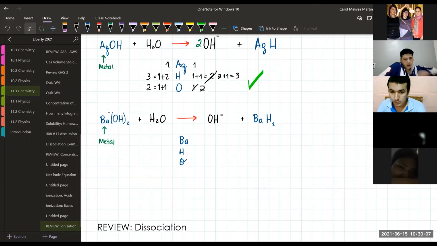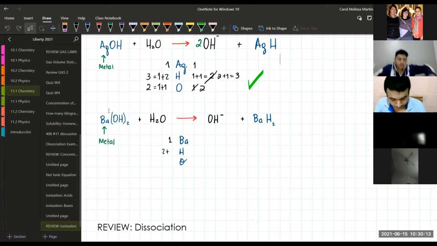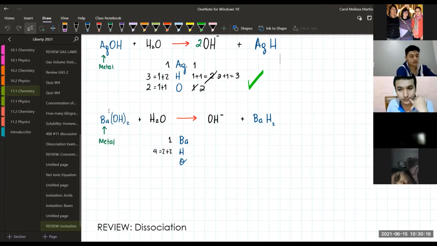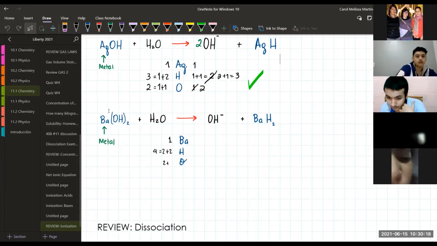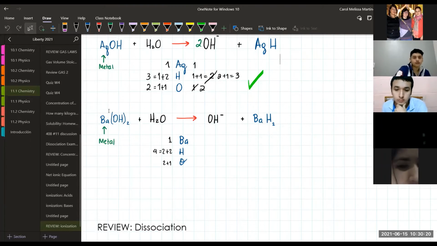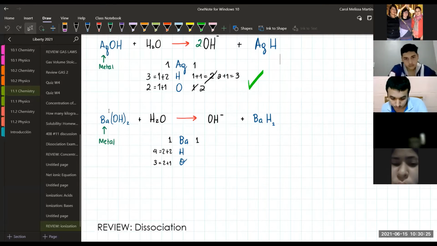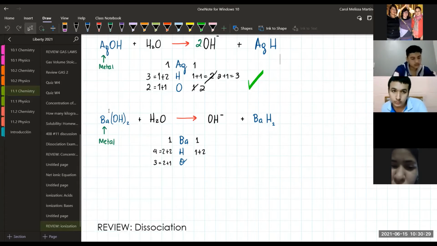In the left, I have 1 barium, I have 2 plus 2 equals 4 hydrogens, and I have 2 plus 1 equals 3 oxygen. In the right, I have 1 barium, I have 1 plus 2 hydrogens equals 3, and oxygen, I just have 1 oxygen. So I need my exercise to be balanced.